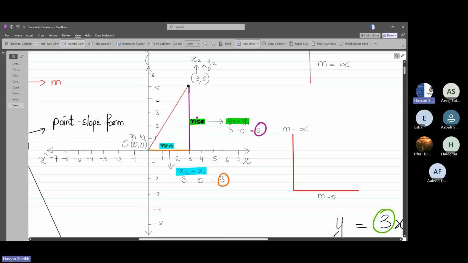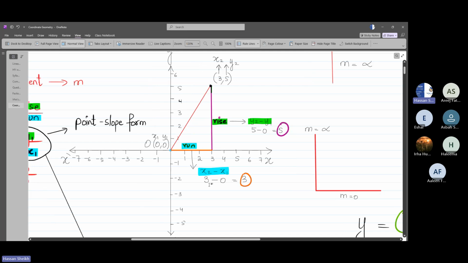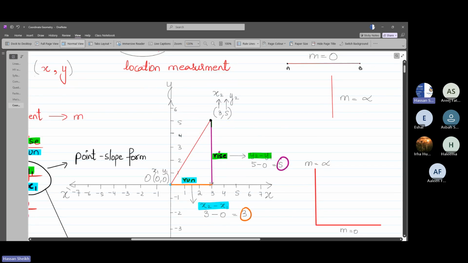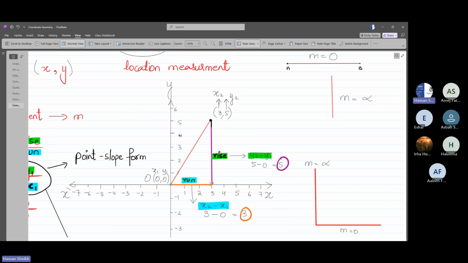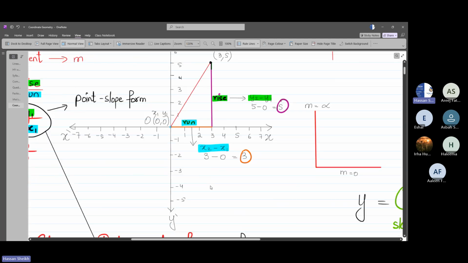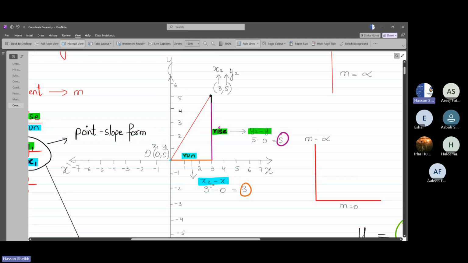To the left of the origin, we have negative x points. And this is a two-dimensional graph where we have x as one dimension and y as the other dimension. Above the origin, we have positive y points. Below the origin, we have negative y points.